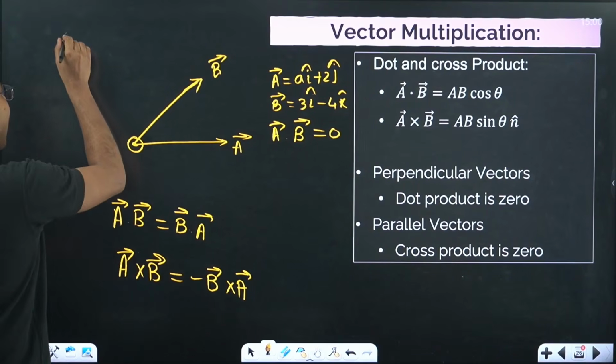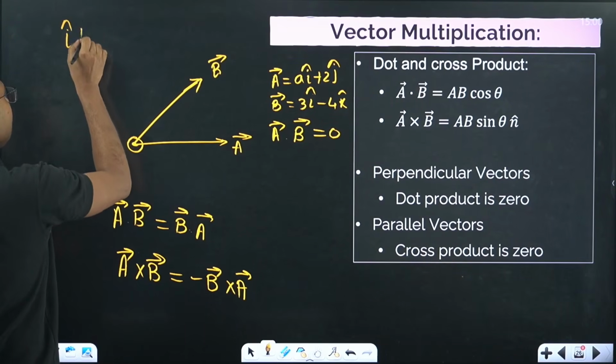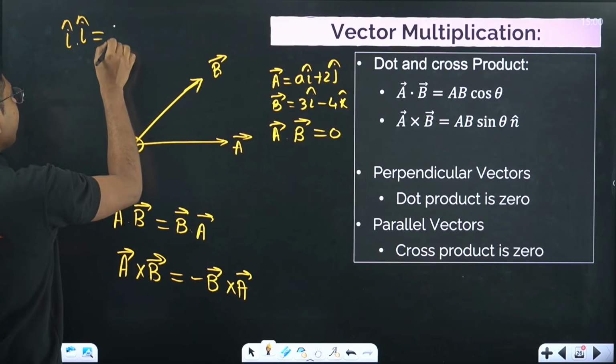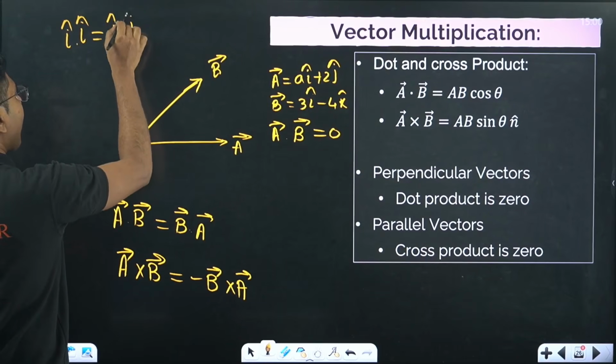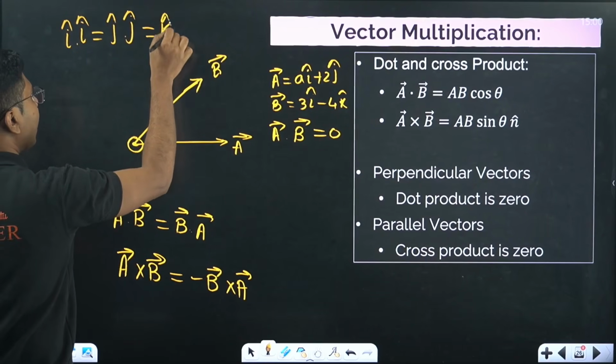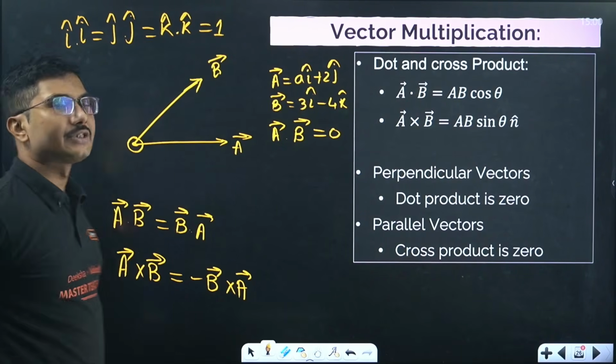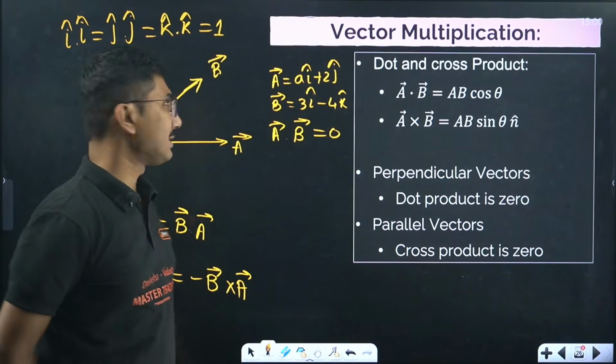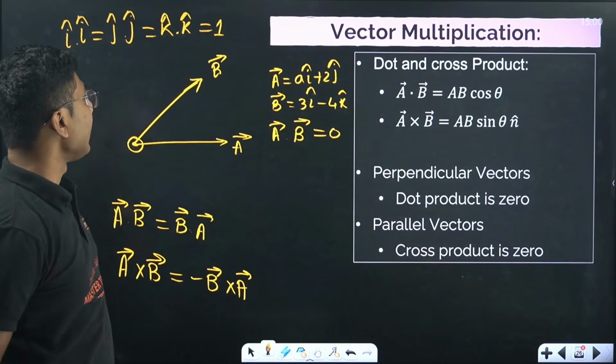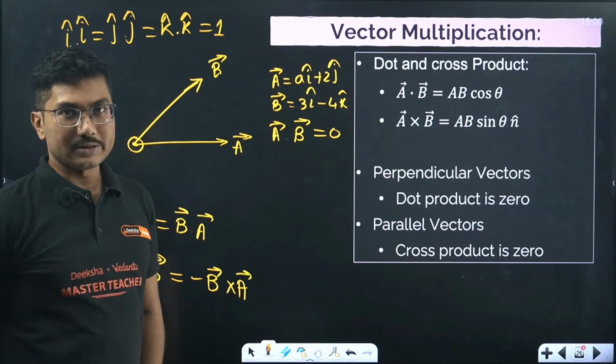Now remember that i dot i equals j dot j equals k dot k equals 1, and any other mix is 0. Any other mix, i dot j, i dot k or j dot k, is 0.